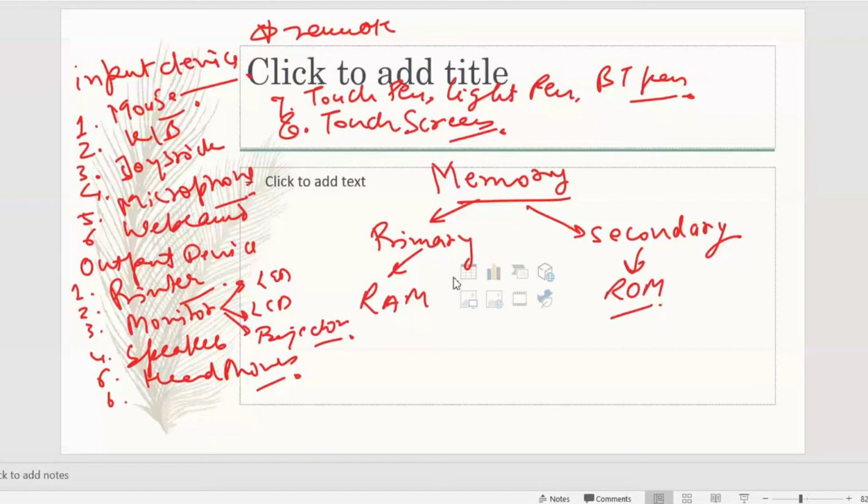Am I still audible? Yes, sir. Or is it a very tough question to answer? So think. Number of ones and zeros. Number of ones and zeros in what? Binary.